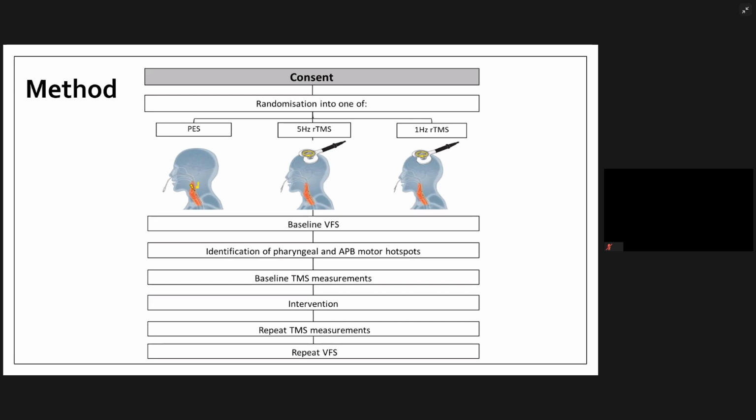Baseline measures of both VFS and TMS recordings were made before an intervention was applied, and this would either be active or sham depending on the day. Repeat measurements of TMS for cortical activity or VFS for swallowing behavior were then obtained.